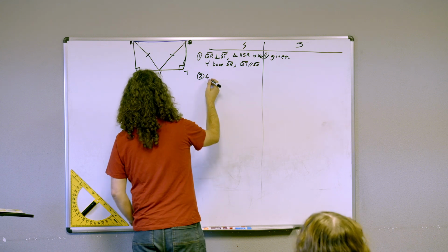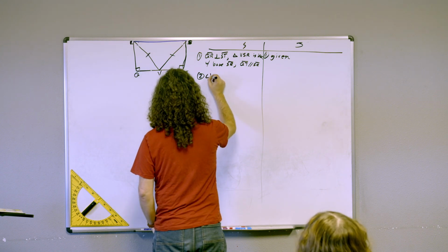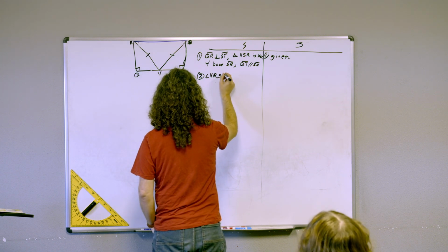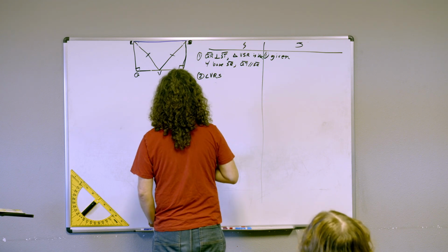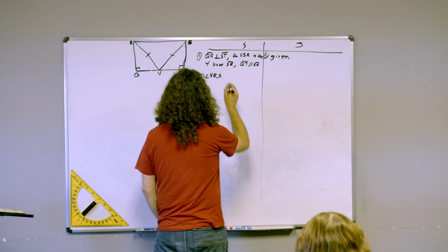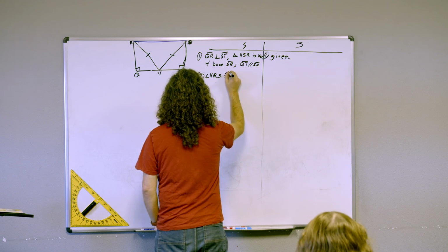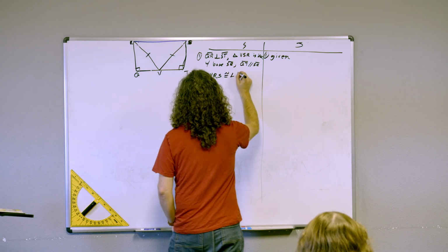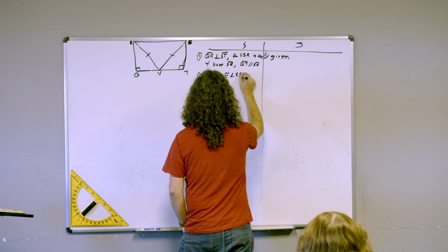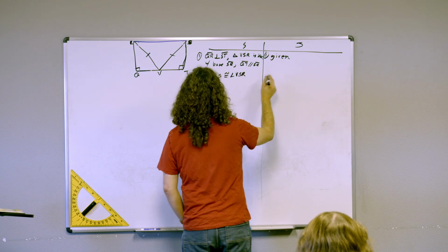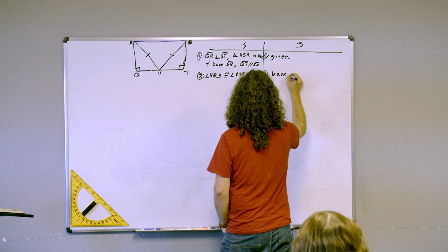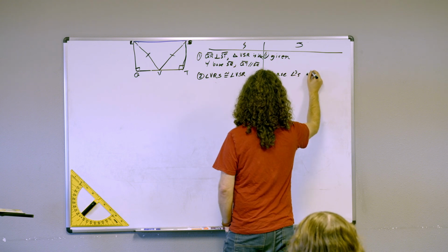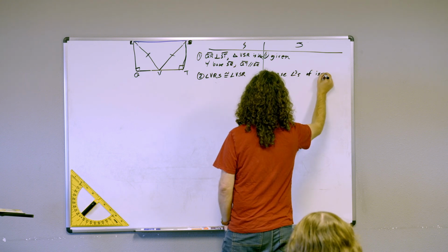Angle VRS. What did you say that's congruent to? VSR? Is that what you're doing, or something else? Okay. It is congruent to angle VSR because base angles of isosceles triangle.